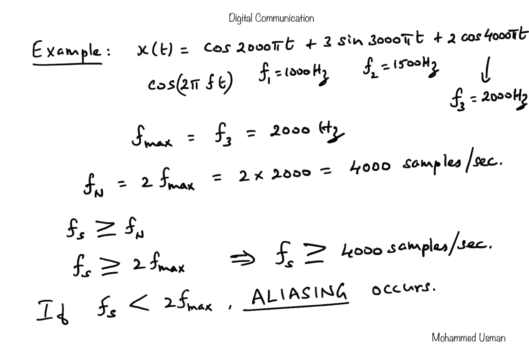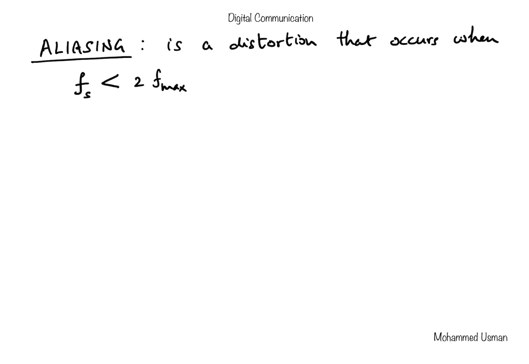And what is aliasing? Aliasing is nothing but the mapping of some higher frequency components in the signal onto some lower frequency components.